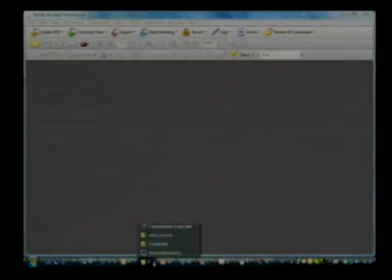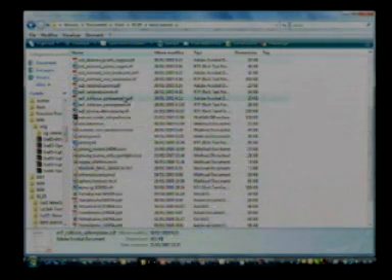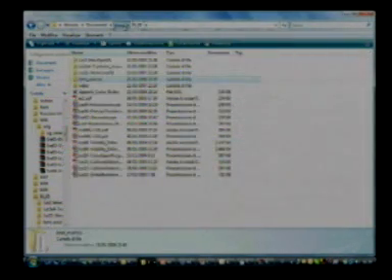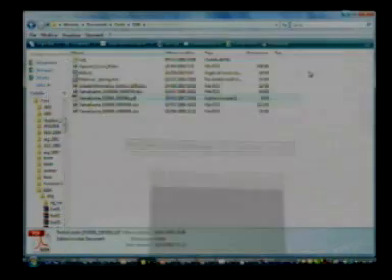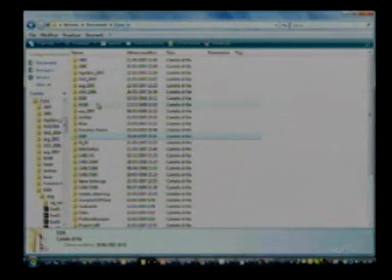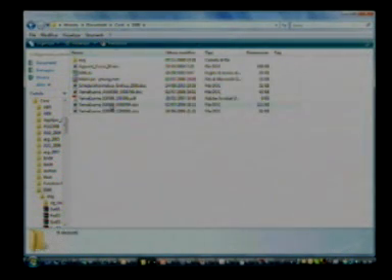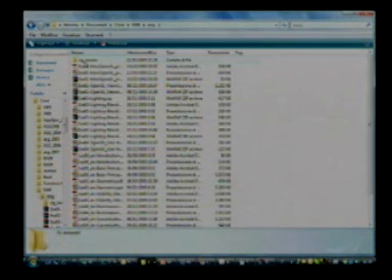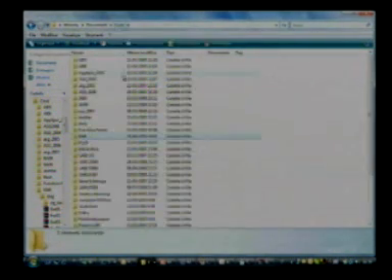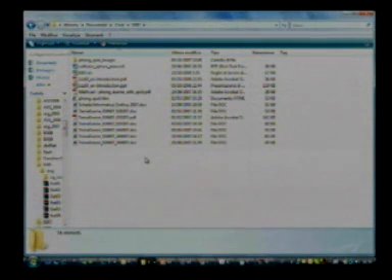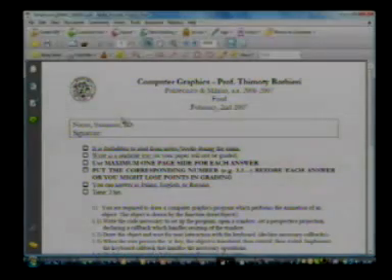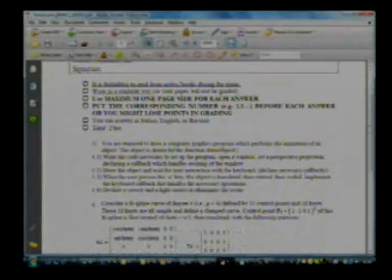Like, for example, this is an example of an exam.